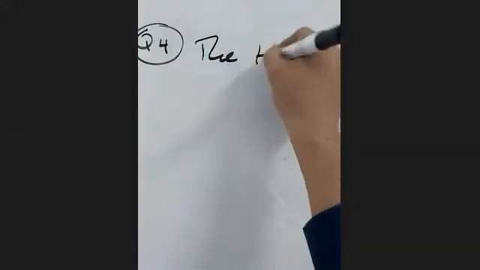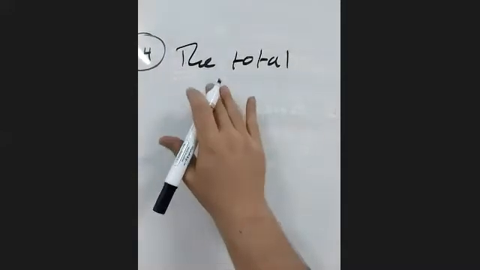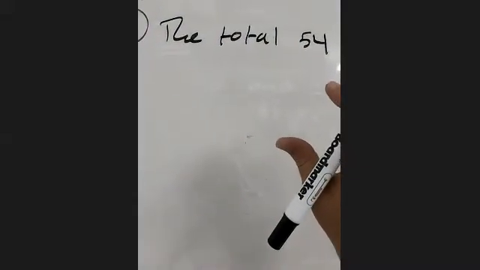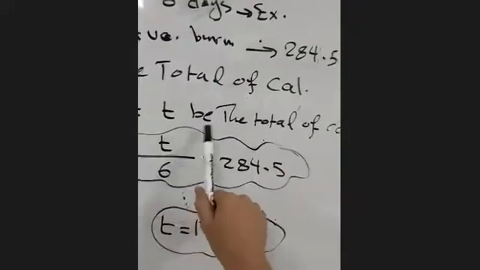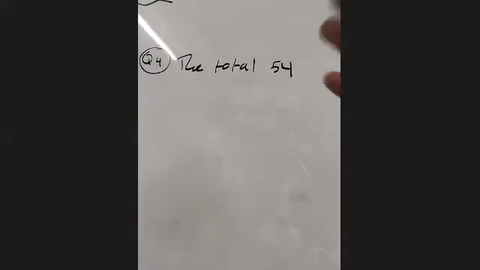The total of jelly beans is how much? 54, right? Yes. So here, the total is given. Here in the previous question, the total was wanted. Remember? Yes. So the total of jelly beans is 54.